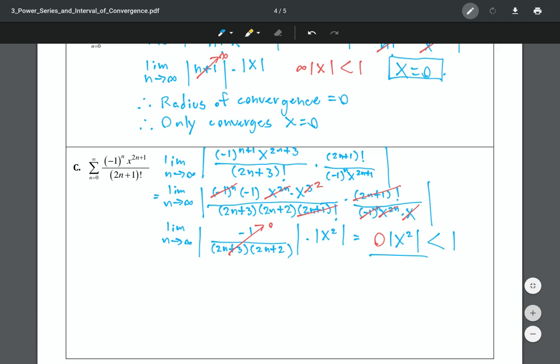So what does that mean? What that means is that this is going to be convergent everywhere. It's not only going to be convergent at one point or at a certain interval, but it's going to be convergent absolutely everywhere.